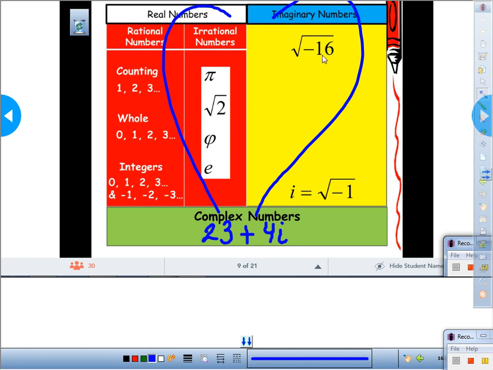So, for those of you that forgot, this becomes 4i because the square root of 16 is 4, and we're left with the square root of -1, which is i. Remember those? Square root of -81, everyone, what's this imaginary? 9i, and so on and so forth. So write me another imaginary number, a different one than that, and then share it with your neighbor so they can copy it, please.